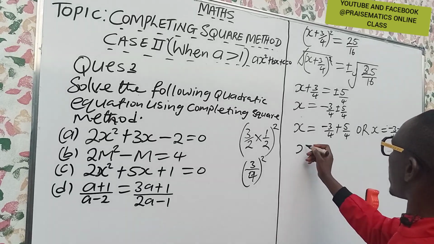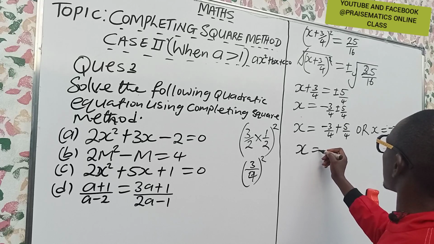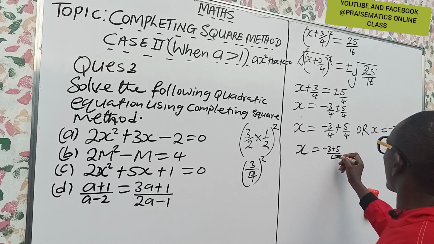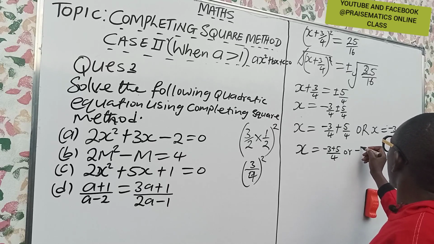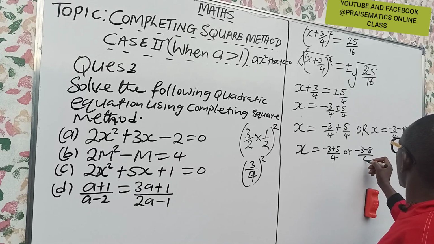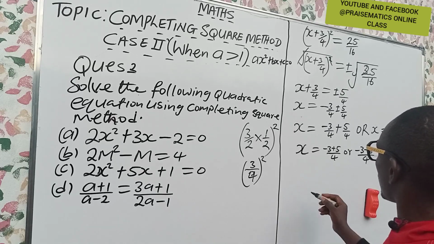Finally, we have that x is equal to (minus 3 plus 5) over 4, or (minus 3 minus 5) over 4. So what do we have here?